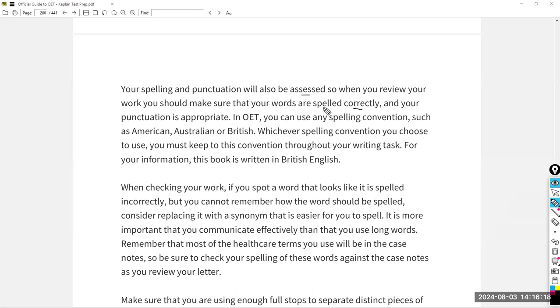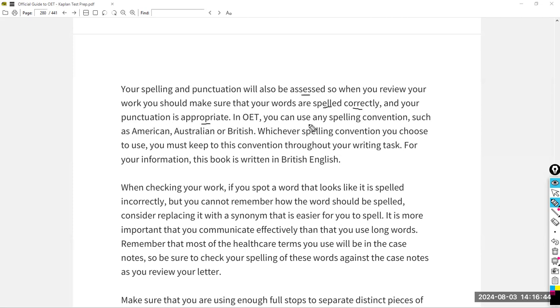If you are not sure about the spelling of a certain word, please try to search for another meaning, for another synonym. You can use antonyms. Maybe if you want to mention a certain example instead of writing the word that you don't know how to write, or even you can define the unknown word or the word that you don't know how to write. And make sure your punctuation is appropriate, please.